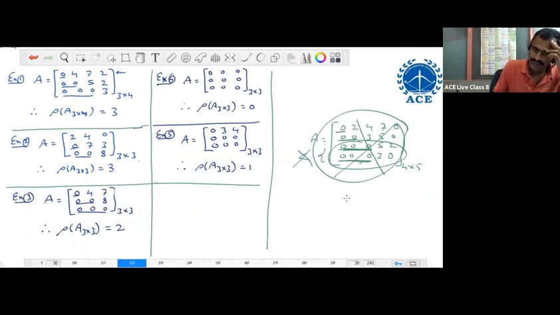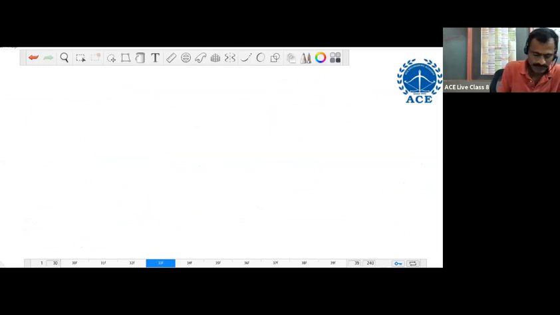For this type of matrices, to find the rank, we try to reduce the matrix into echelon form. For reduction, we apply elementary operations. Note point number 3. Suppose you are given an m cross n matrix to find its rank.